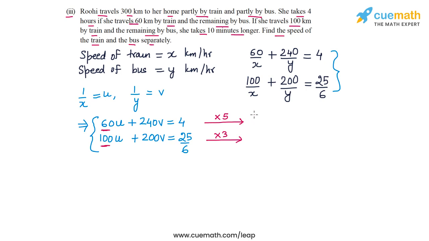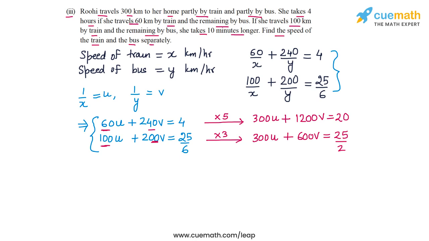So the first equation becomes 300u plus 1200v is equal to 20, and the second equation becomes 300u plus 600v equal to 25 by 2.